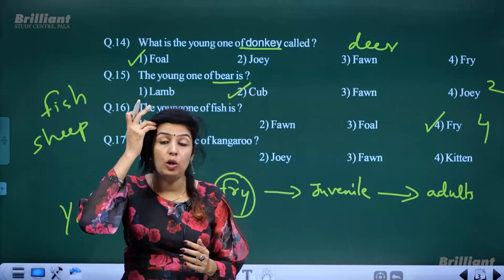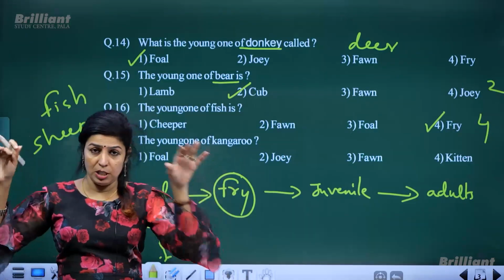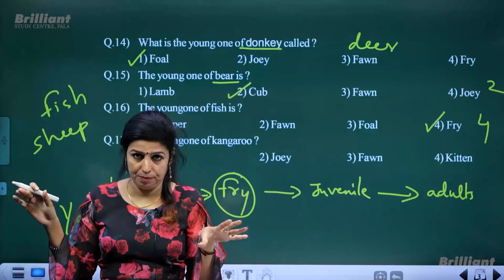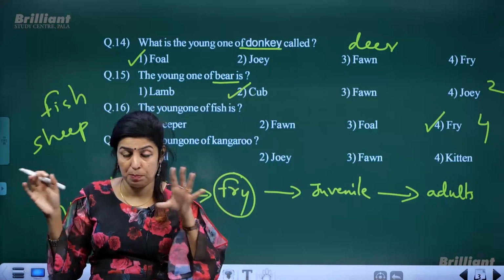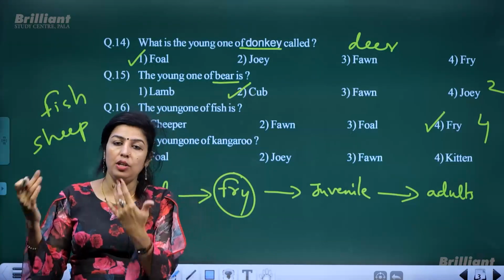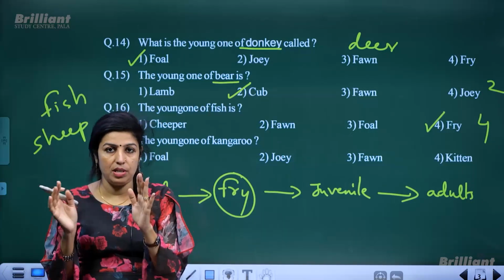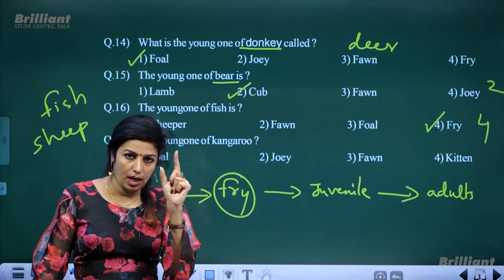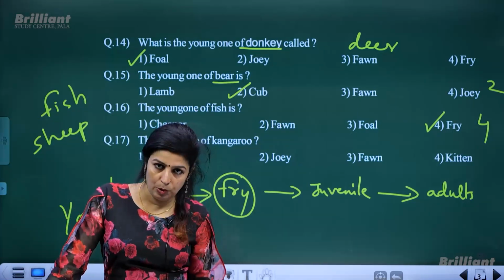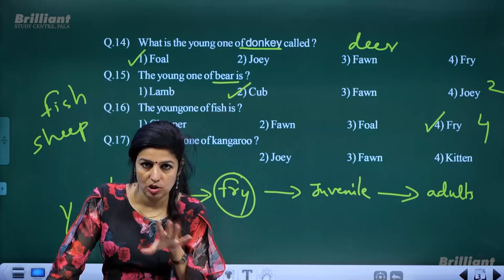Now suppose you want to refer to different species of fish, different types of fish, then you can use the term fishes, nothing wrong in it. So always remember, if you talk about one type of fish but in plural, the same word fish is to be used.